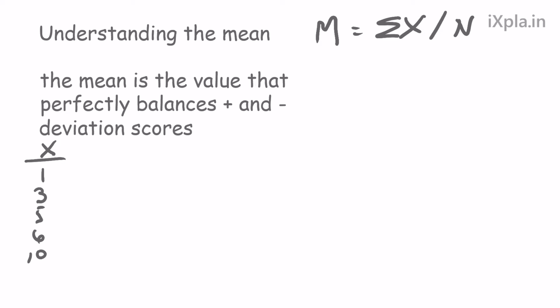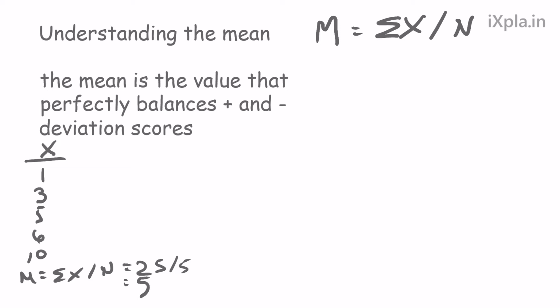The mean of all these scores is, of course, the sum of all the scores divided by n. If we add up all those scores, you're going to get the sum of x is 25, and then there's 5 scores, so you divide by 5, and so that gives you a mean that is equal to 5.